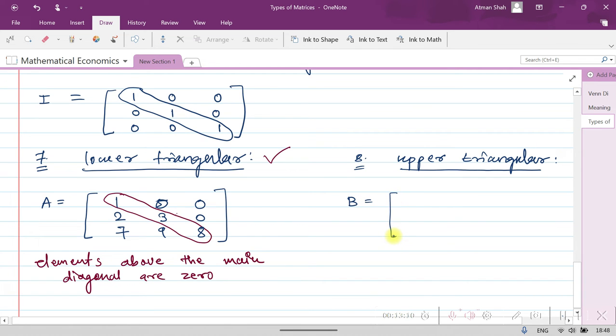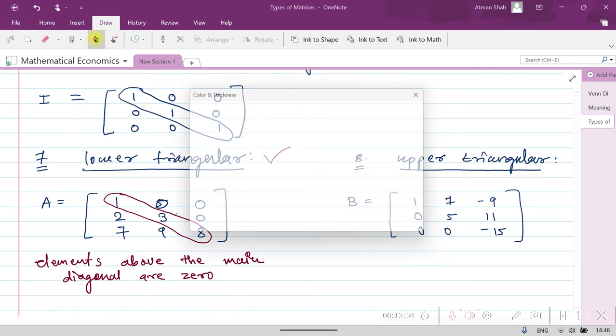Suppose we have matrix B, that is 1 7 minus 9, then we have 0 5 11, and then we have 0 0 minus 15.